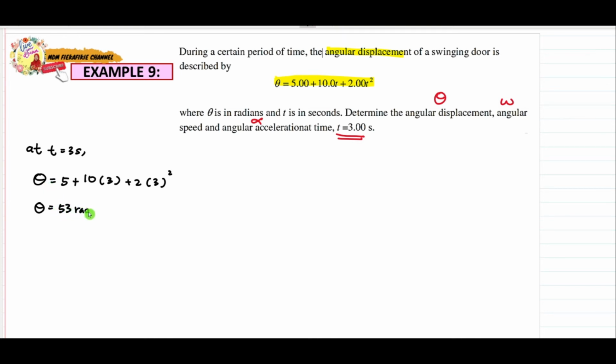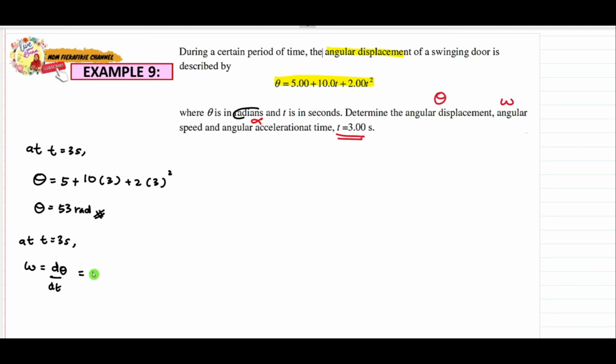So dia tak minta jawapan dalam revolution, kan? So dia dah bagi tahu unit untuk equation ni tadi adalah radian untuk angular displacement. Okay, and at t is equal to 3 second, so we can find what is the angular speed omega by differentiate the equation of angular displacement theta.